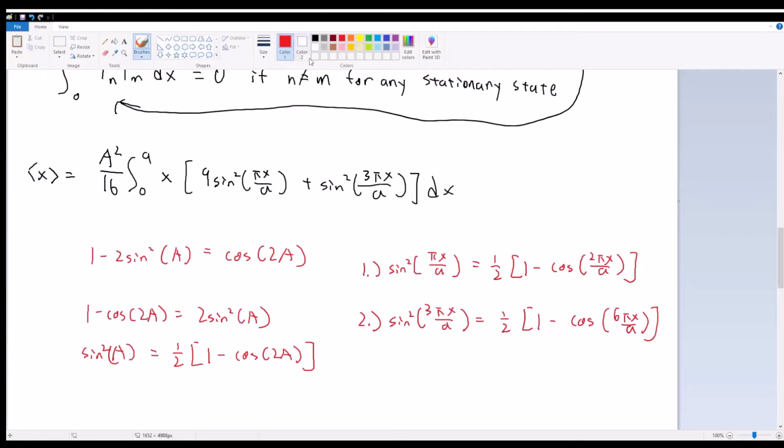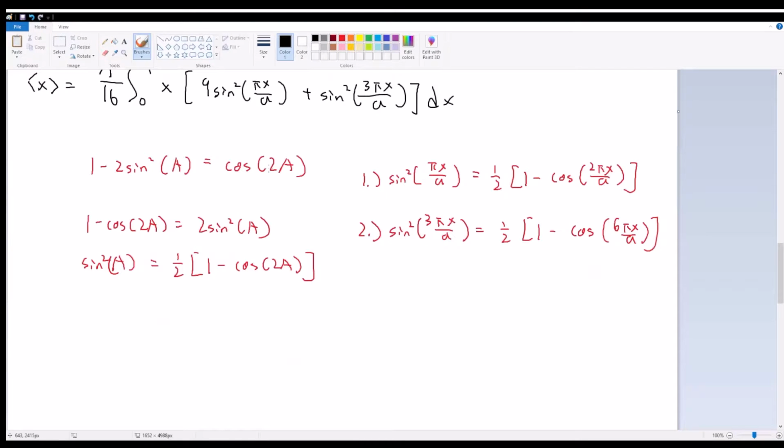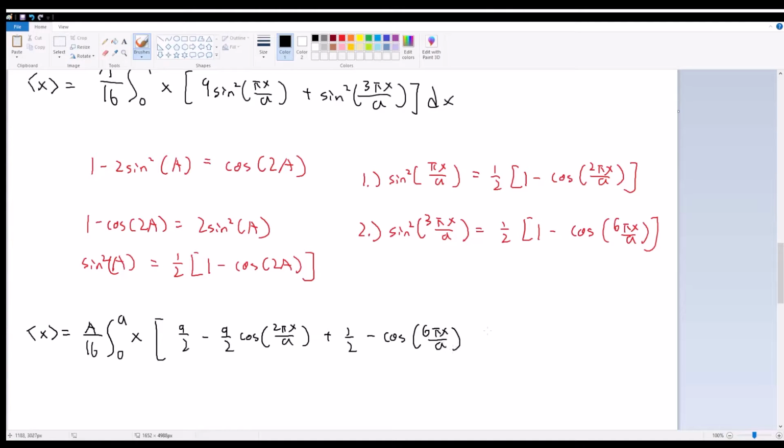So this is going to give us that the expectation value of x is going to equal a over 16 times the integral from 0 to a of x times, let's do the distributive property as well. So 9 halves minus 9/2 cosine 2 pi x over a plus 1/2 minus cosine 6 pi x over a, dx.